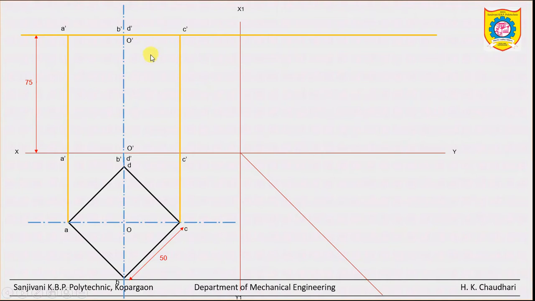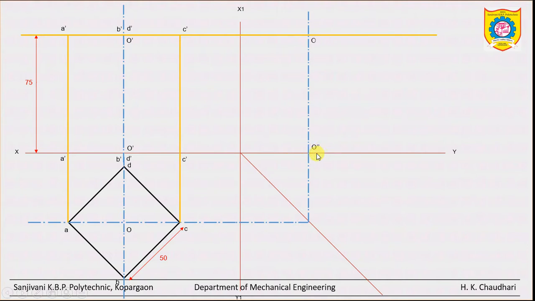Now see, extend this center line to draw the side view, up to here, and then turn it through 90 degrees. This is the axis of the vertical prism in the side view. So we are drawing the side view of this prism.